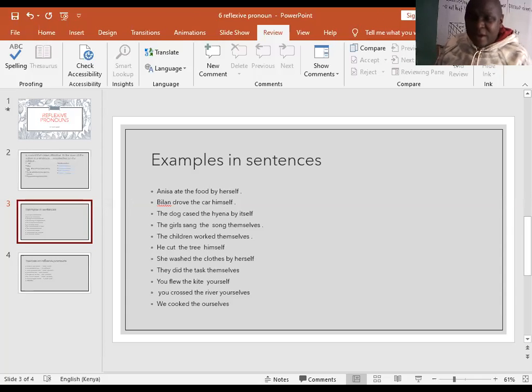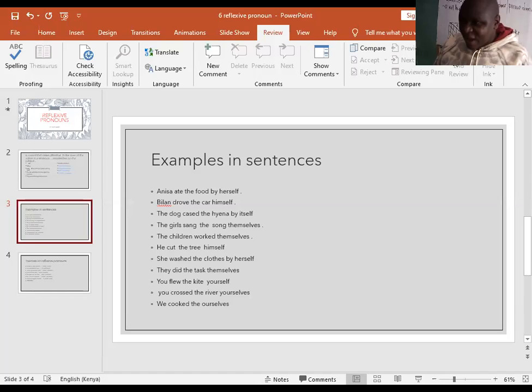Look at me here, or you all know me very well, or those who don't know me, I'm Jabez. Jabez is male. So the pronouns for male are he, his, him. Now, Jabez walked from Nairobi to Mombasa on foot.